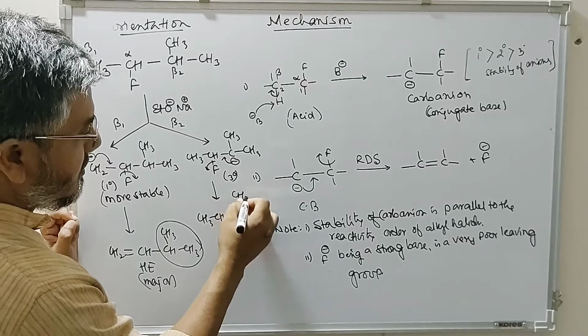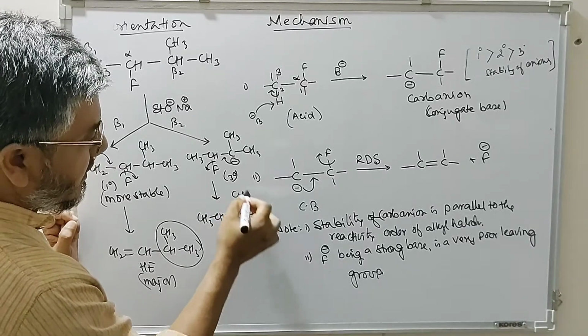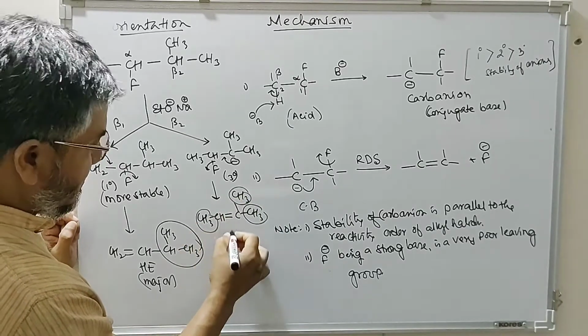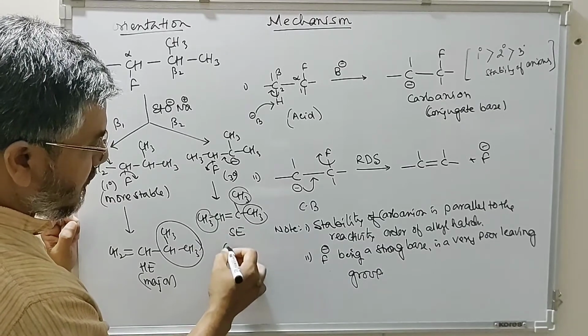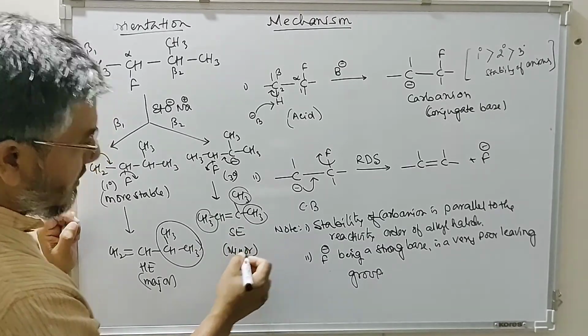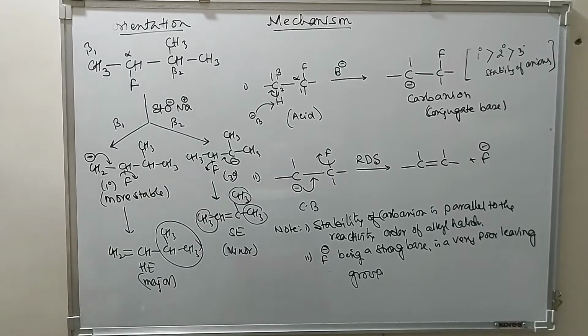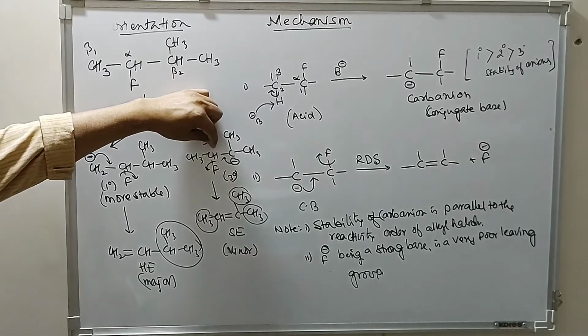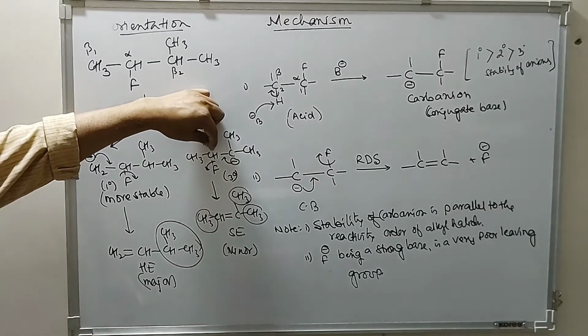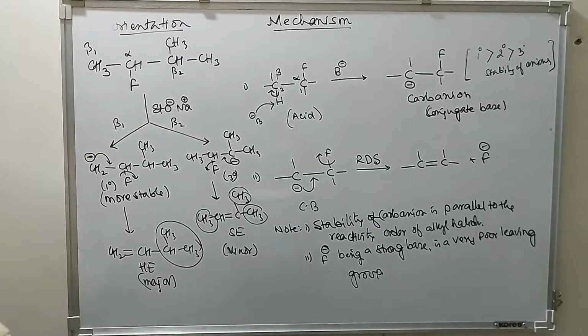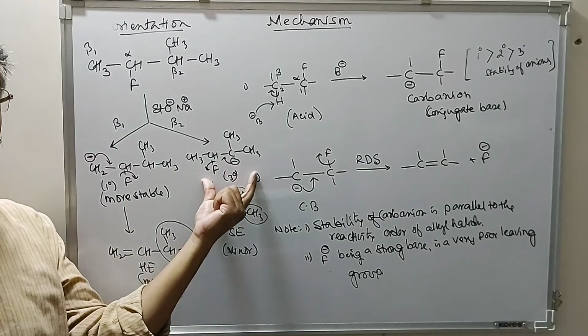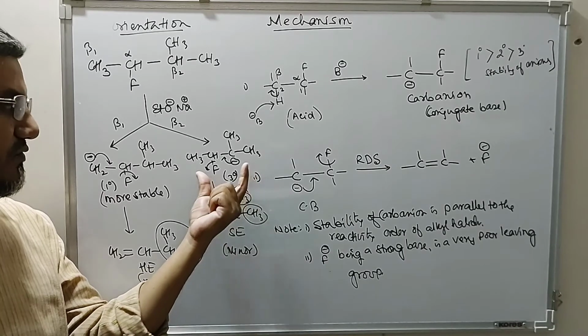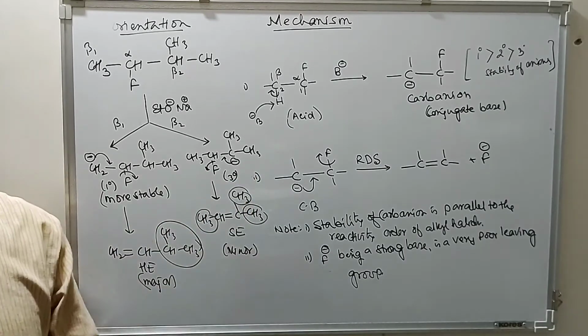Look at this, we have 1 alkyl, 2 alkyl, 3 alkyl. So this is the Saytzeff product, but it forms as a minor product. Why? Because this tertiary anion is very unstable, it is formed in a very small quantity. If the anion forms in a very small quantity, the product from this anion will also be in a very small quantity.